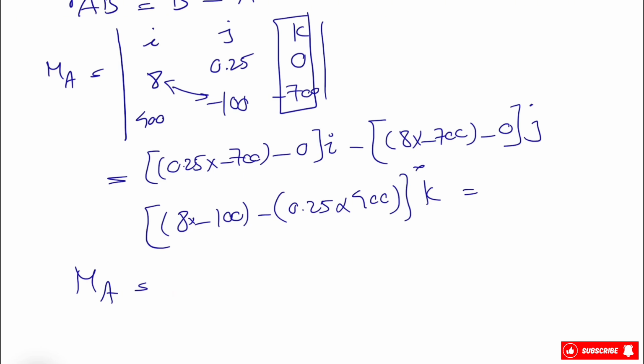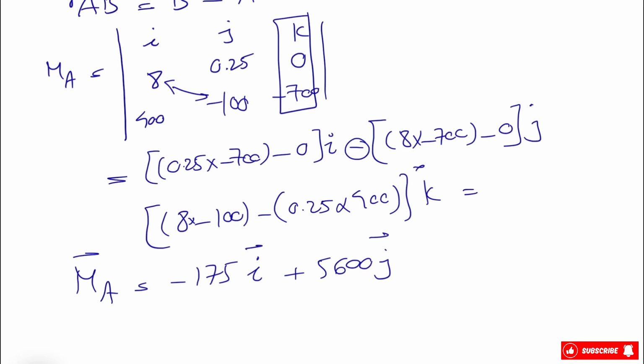First of all, we have minus 700 times 0.25, which will be minus 175 i. For J, we have 8 times 700, which is 5600 negative. We have another negative sign in here, so it will be positive at the end.